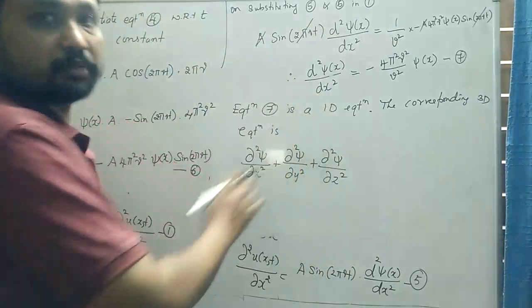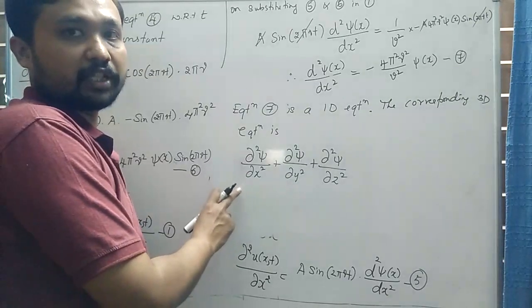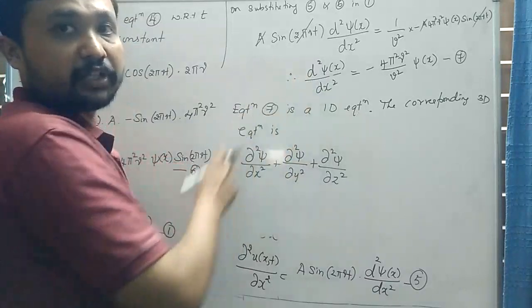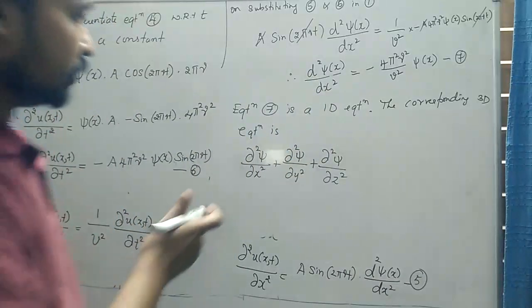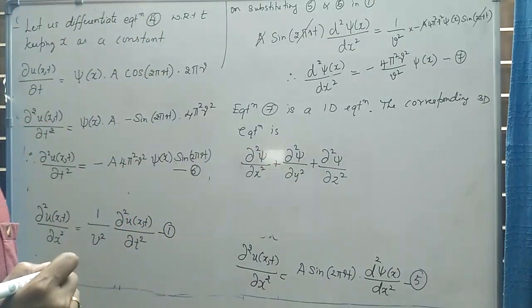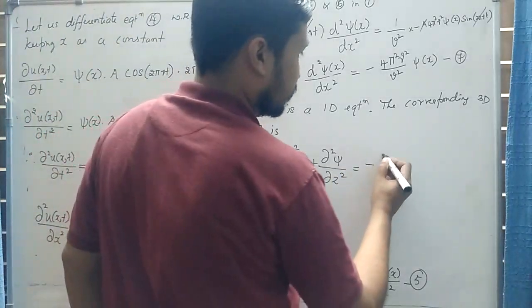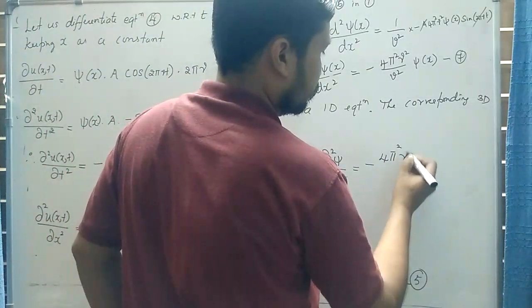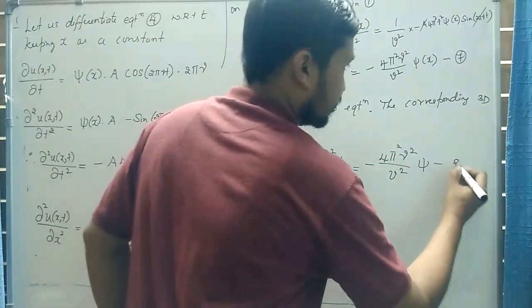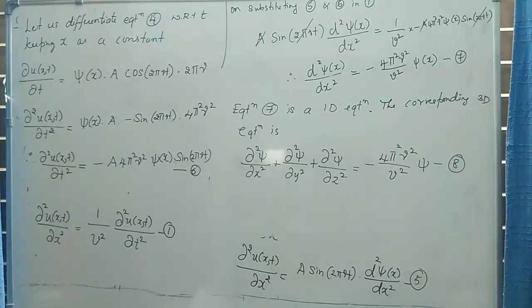So instead of one term we have 3 terms, each term with respect to one variable x, y and z, and immediately you can see here an ordinary derivative is replaced by partial derivative, because this function psi now does not depend on one variable x, it depends on 3 variables x, y, z, is equal to minus 4 pi square nu square divided by v square into psi. Okay, so this is the modified 3-dimensional wave equation.